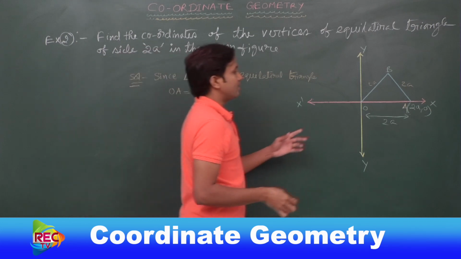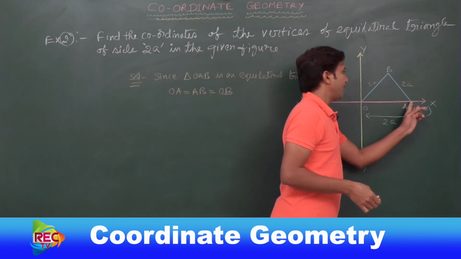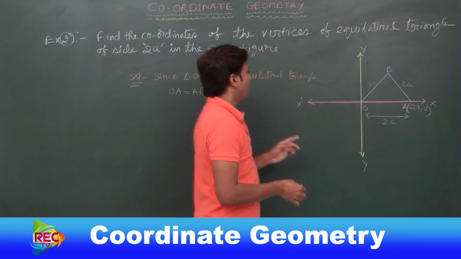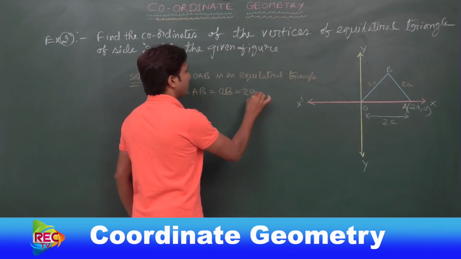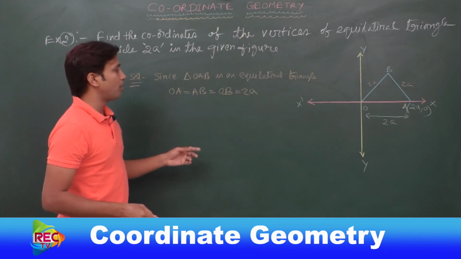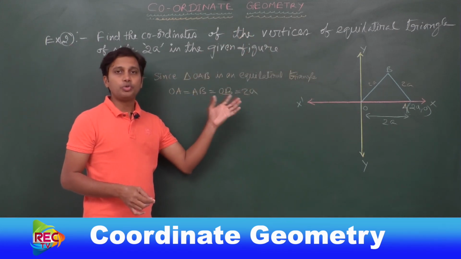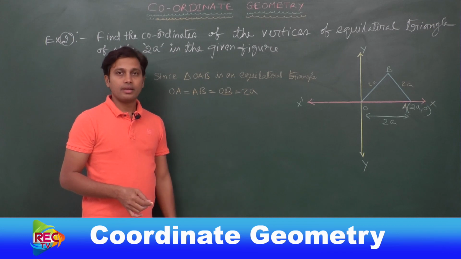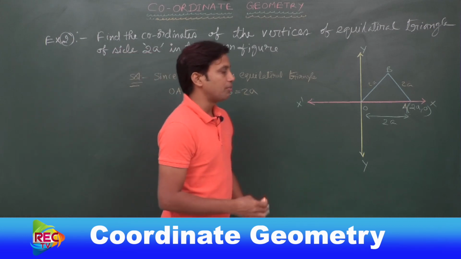Let me show you this in the diagram. OA equals AB equals OB, all are equal to 2a, because OA equals 2a. They had given this in the problem, each side of length 2a for this triangle. That was the given information.